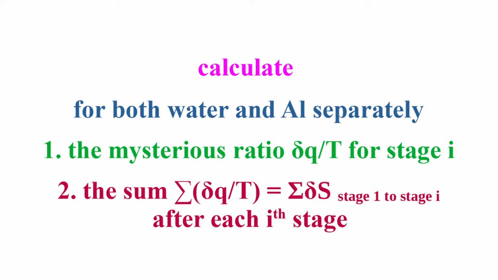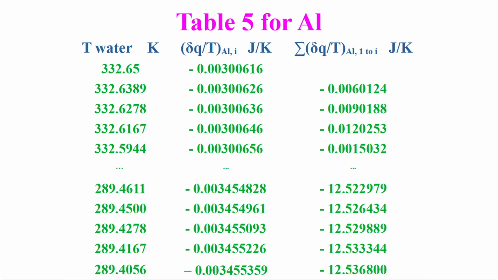This sum represents the sum of all delta S's occurring from the beginning through stage i. Table 5 shows the results for aluminum from its initial temperature of 332.65 Kelvin up to its final temperature of 289.4056 Kelvin.